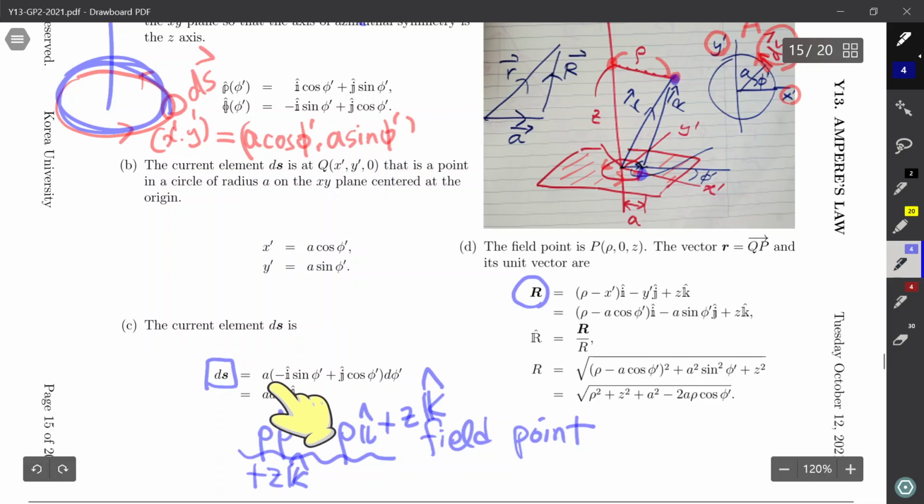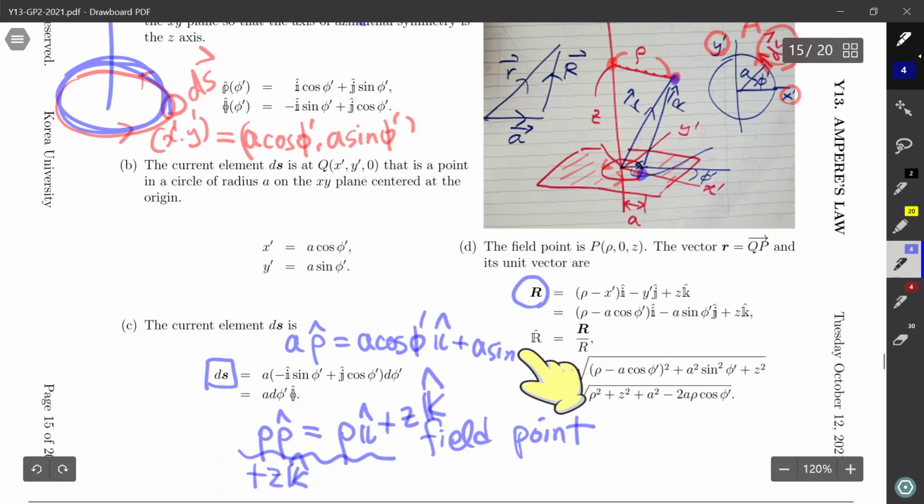So the field point is subtracted by the source point. ds is placed at rho hat, a rho hat, that is a cosine phi i hat plus a sine phi prime j hat.